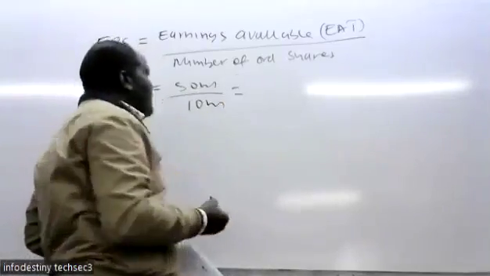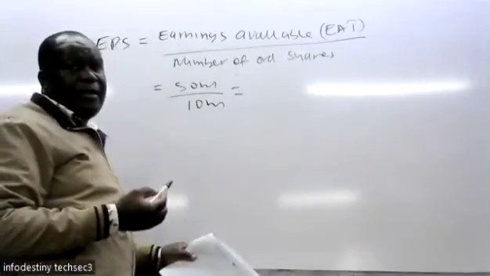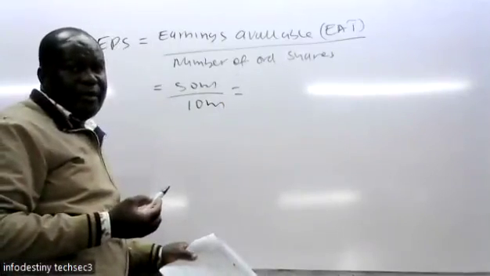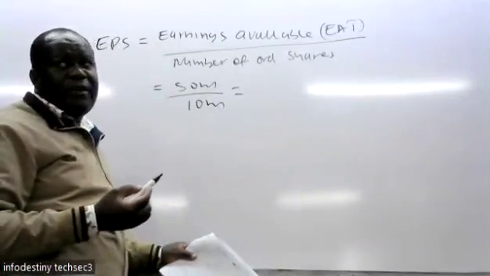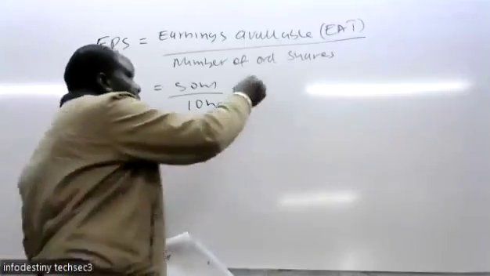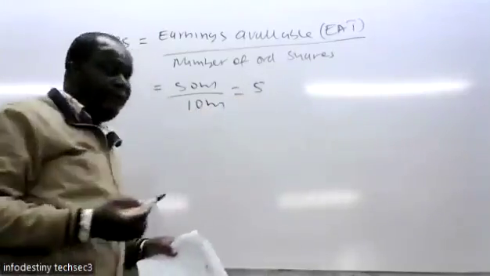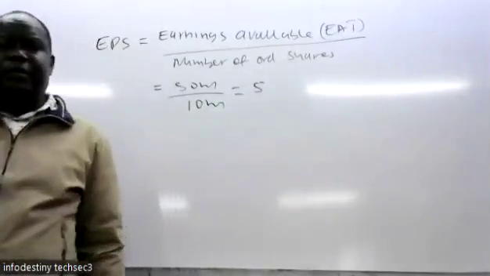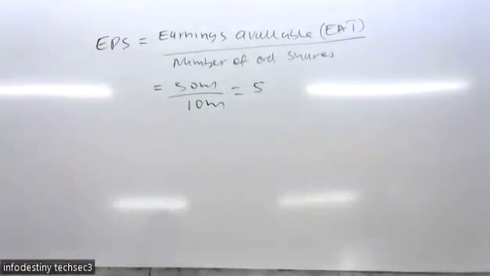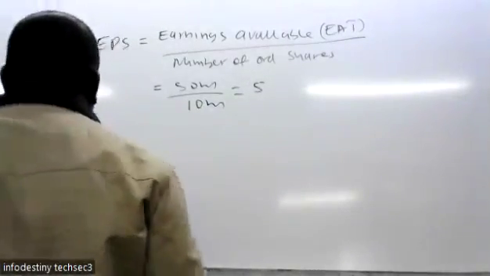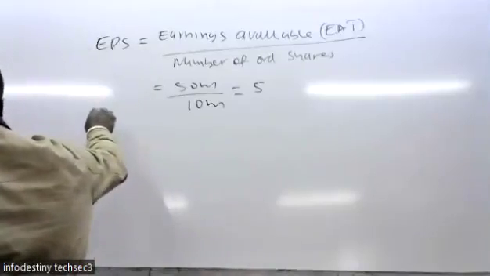So that will give us the earnings per share, which is 5.